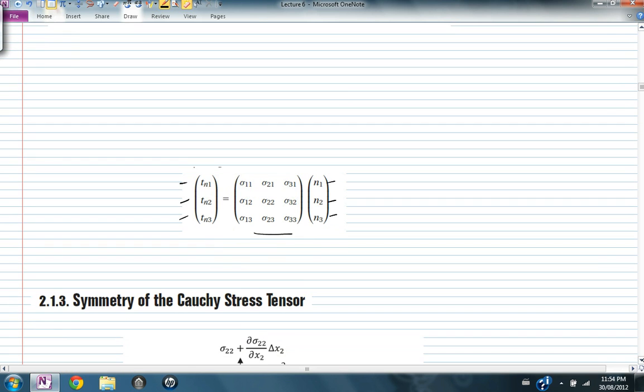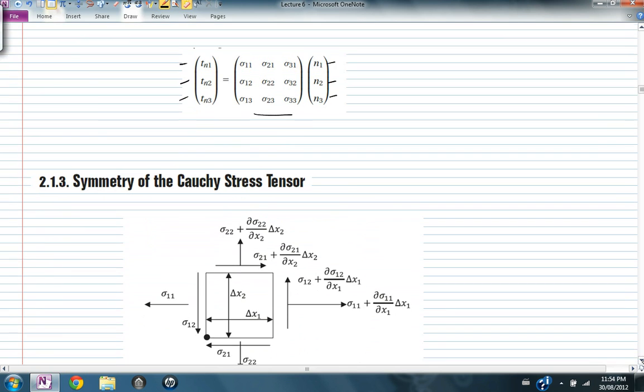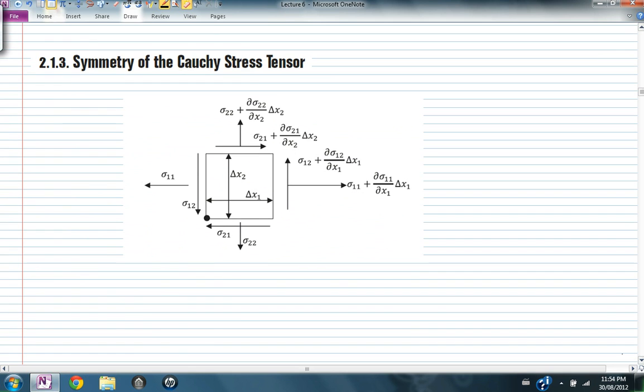In fact, we can even extend our definition of the stress matrix, or augment it, by the fact that the stress matrix, because of physical arguments, is actually a symmetric matrix.